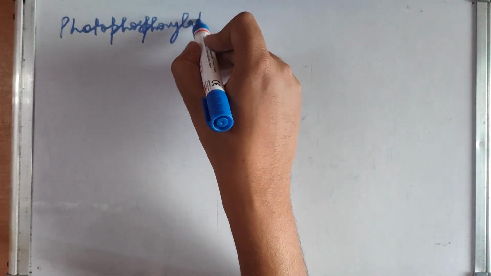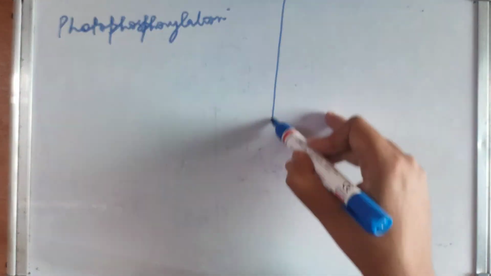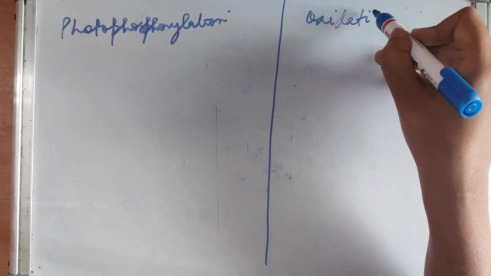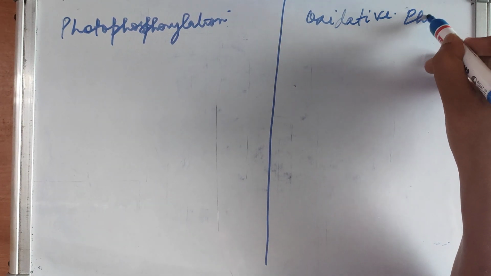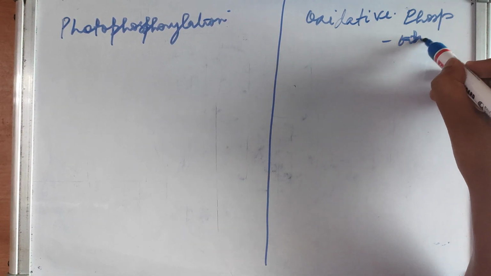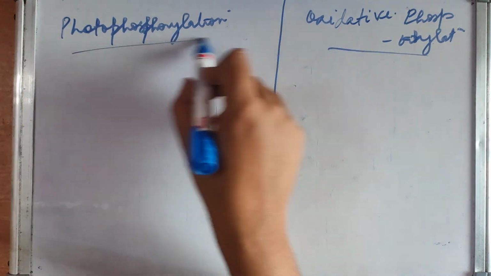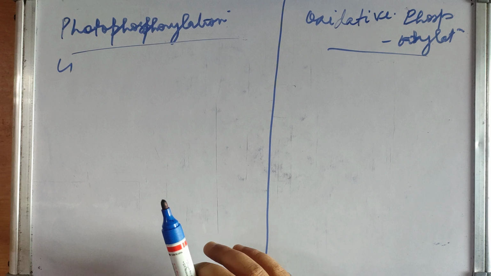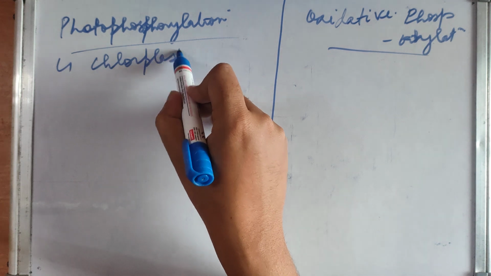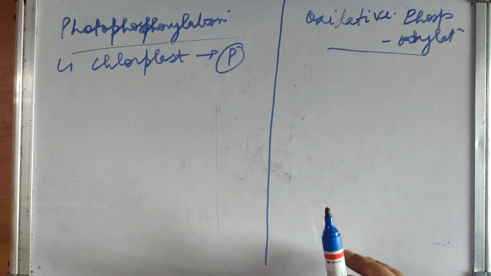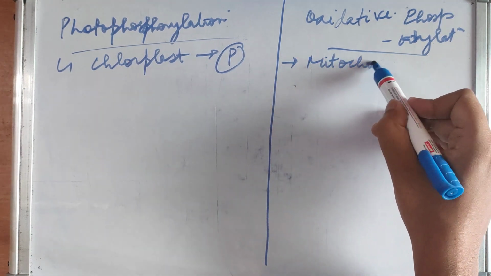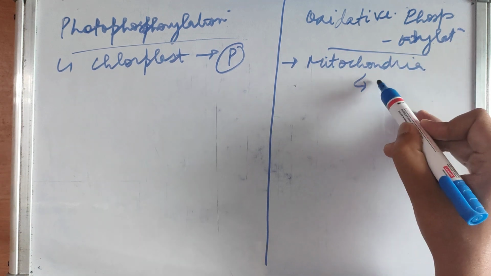Photophosphorylation, which we just discussed with the diagram, occurs in chloroplast during photosynthesis, while oxidative phosphorylation occurs in mitochondria during cellular respiration.